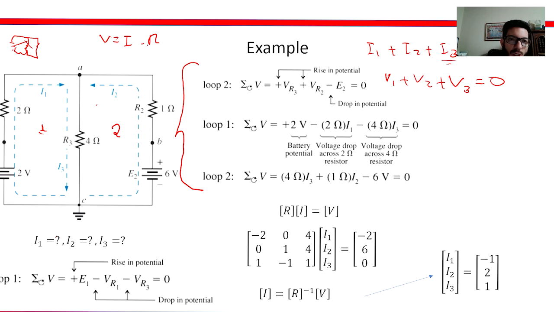It really depends on what you want to have expressed. If you want to solve for current, then you need to put your equation in terms of I times R. If you want to solve for voltage, put your equation in terms of V over R equals I. So in that case, you will be solving for voltage because the resistance is usually known, since you're designing a circuit with known resistances.